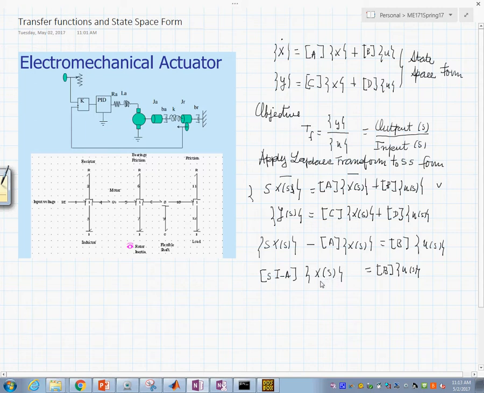Now everything is okay. So to be able to find x of s, let's multiply both sides by the inverse.